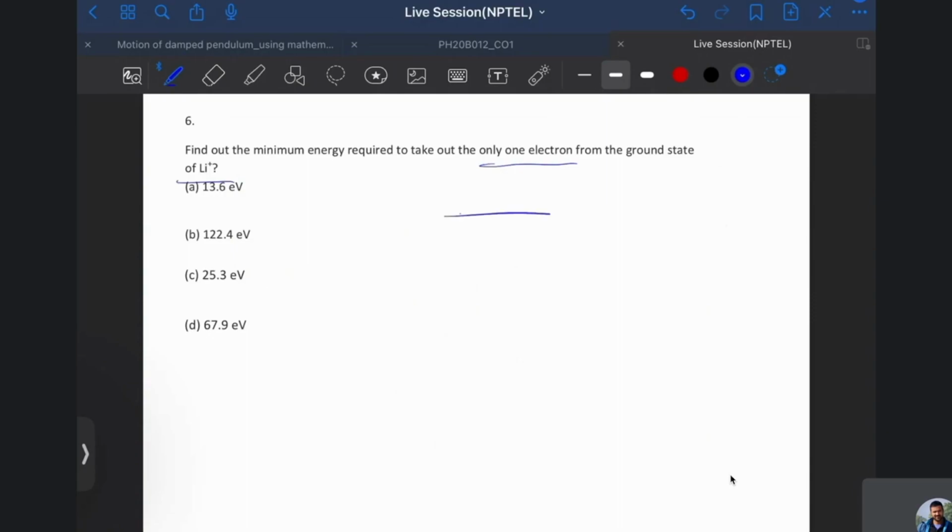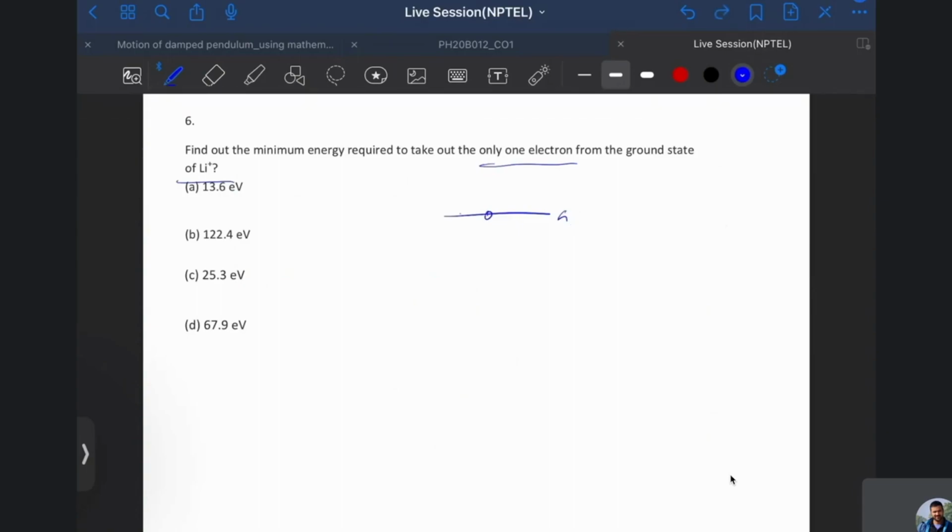We have one electron at a ground state. To take out means to ionize this electron, this atom completely. Correct?